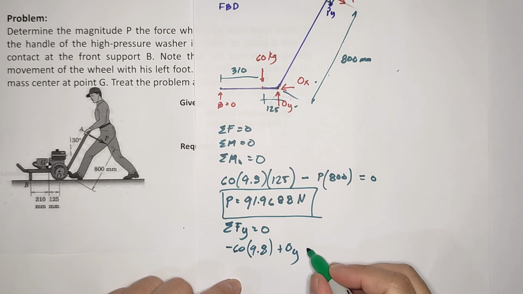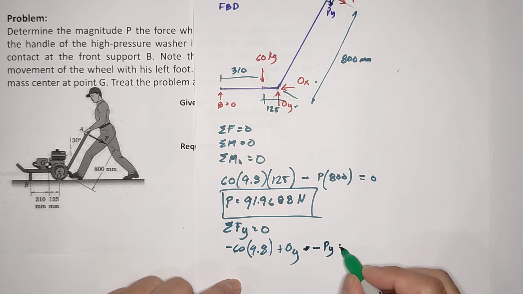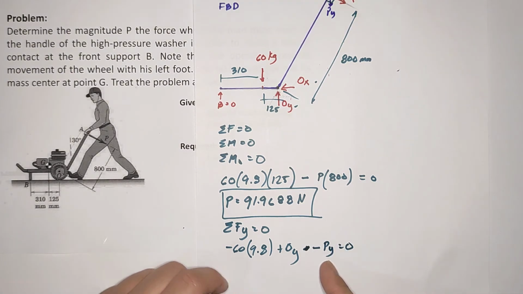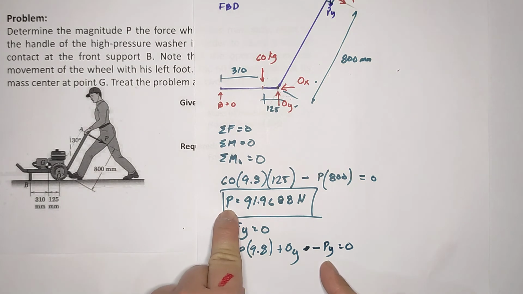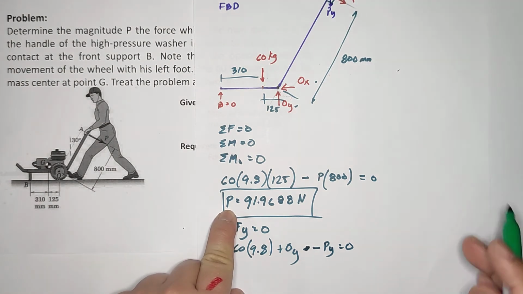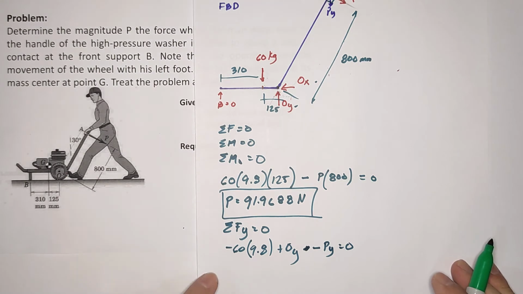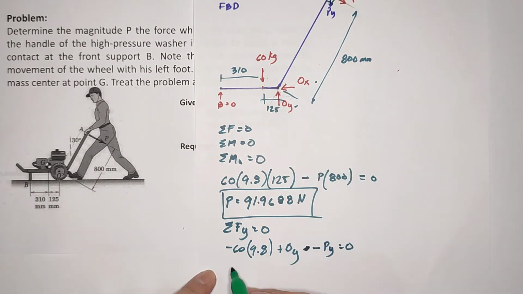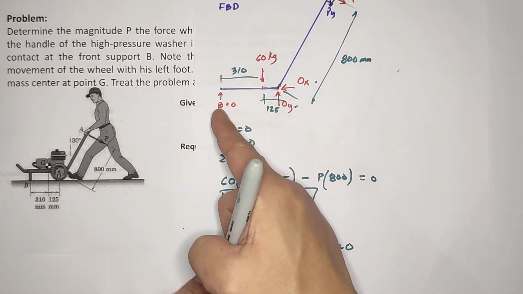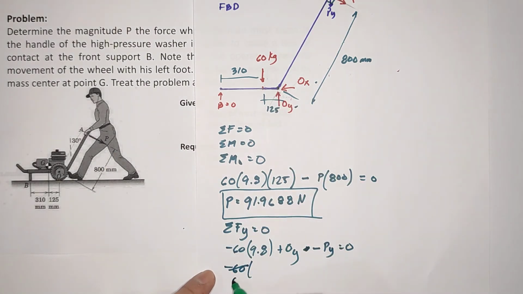In this case, it should be minus P_Y equals 0. This can be determined because you have the P there. All you have to do is determine the angle here. For O_X, there's no X from the weight, so negative O_X plus P_X equals 0. You can solve that, and then you determine the O_X.